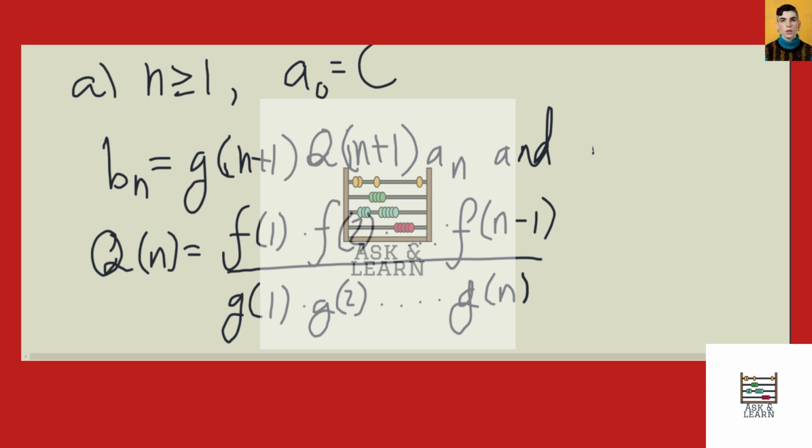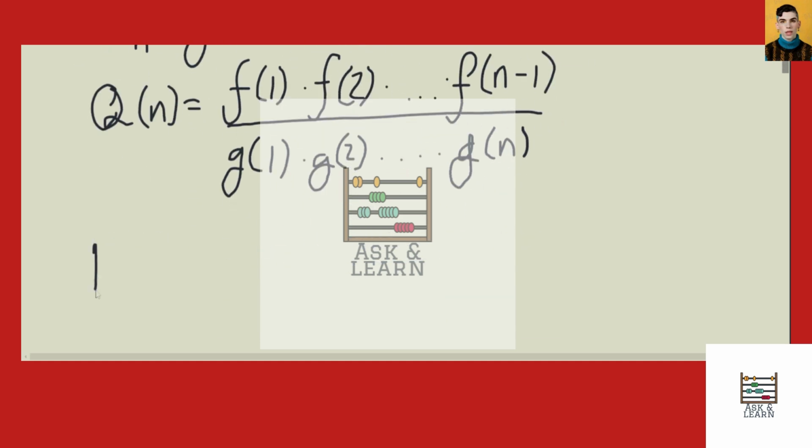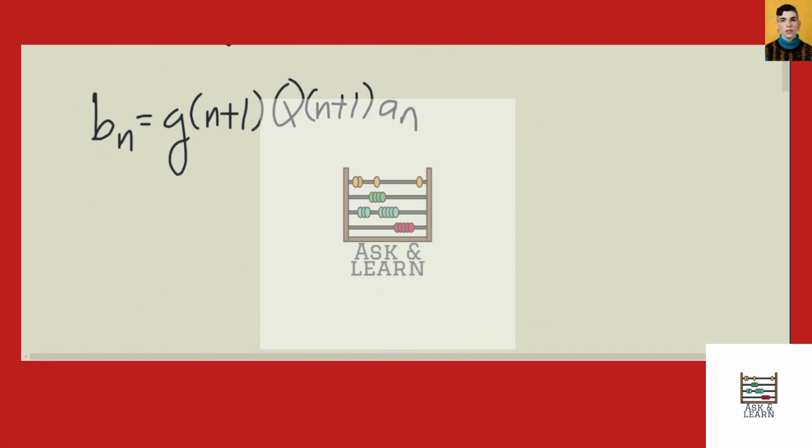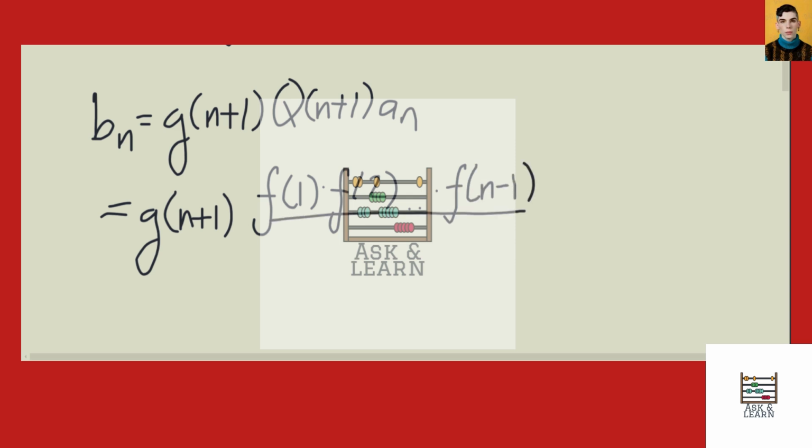Then we have that B of n, as we already have shown, is equal to G of n plus 1 times Q of n plus 1 times A of n, and substituting in the value for Q of n plus 1, this is equal to G of n plus 1 times f of 1 times f of 2 up to f of n minus 1 over G of 1 times G of 2 up to G of n times A n.